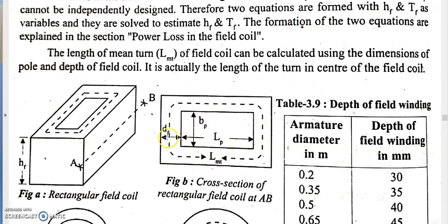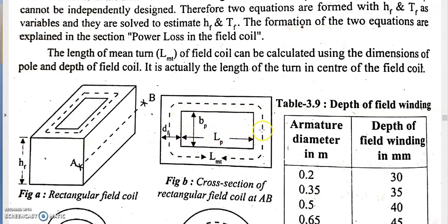The depth of field winding is assumed, so the length of mean turn of the field winding in a rectangular coil can be calculated, with the field pole already known. So this rectangular length is BP. One side is BP, the other side is LP. So 2 times BP and LP is this length.